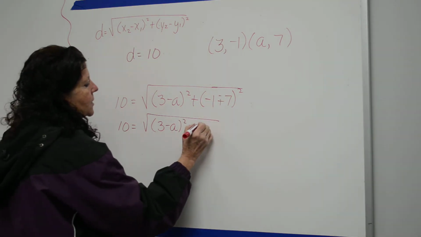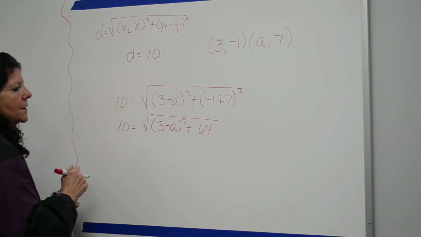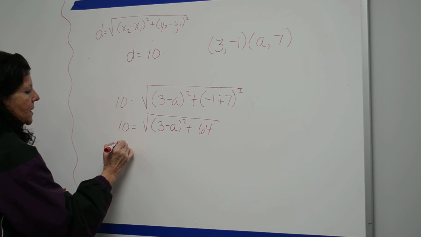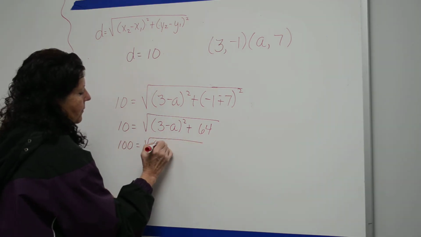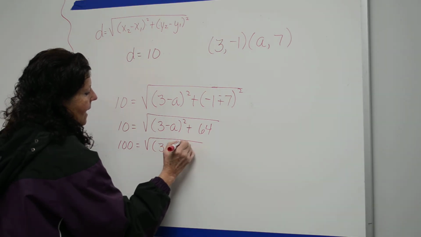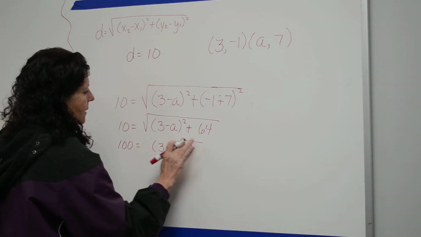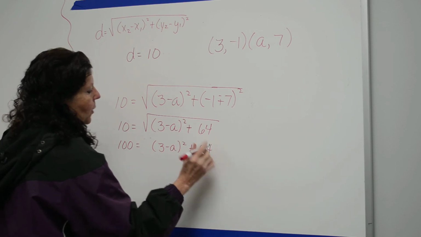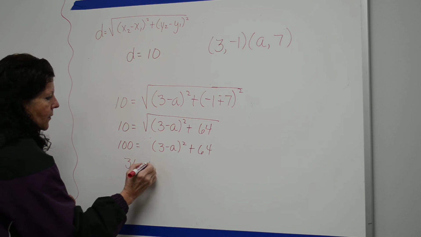So -8 squared is 64. Okay, then I've got to get rid of the square root. So I'm going to square both sides. So that's going to be 100 is equal to (3 minus A) squared. Actually, your square root is gone. Plus 64. I'm going to add the -64 and get a 36 over here.